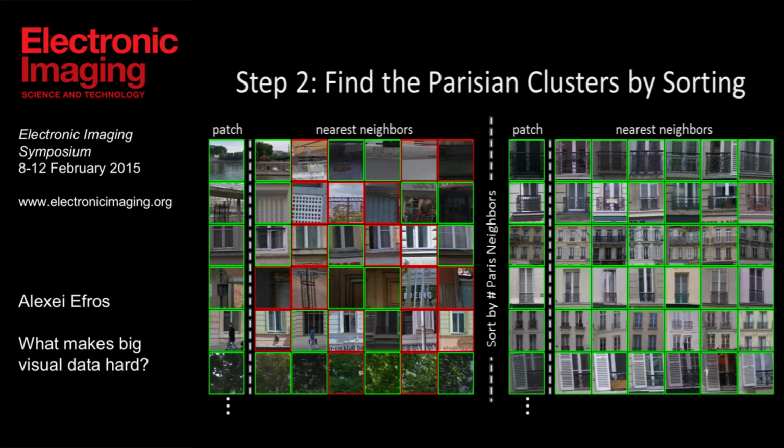Well, the idea is that if you had a set of bad matches, it would be very unlikely that you just by chance happen to get all of your nearest neighbors from Paris, right? For incoherent matches, it should be basically 50-50, right?